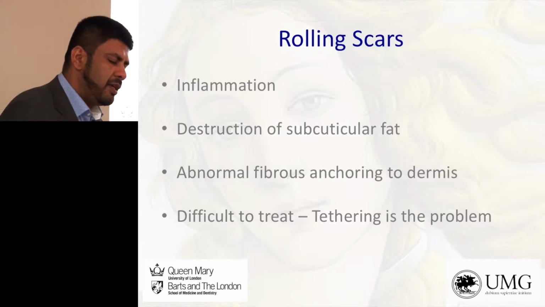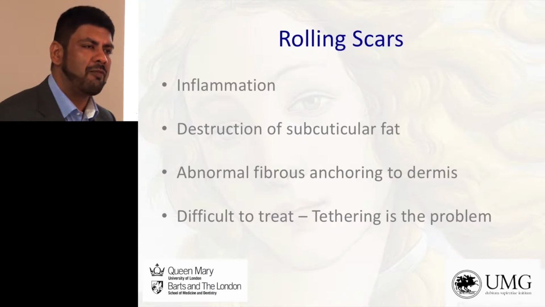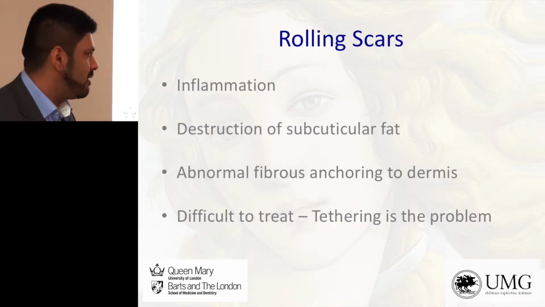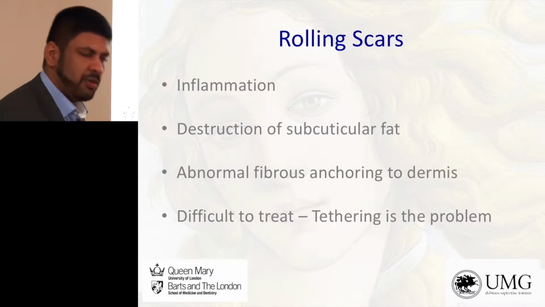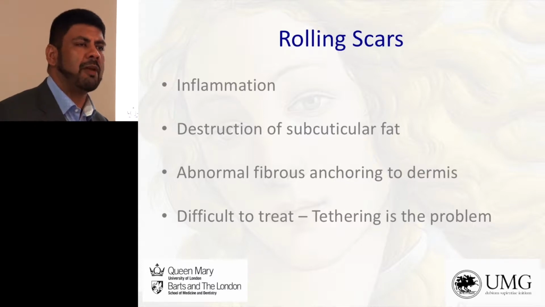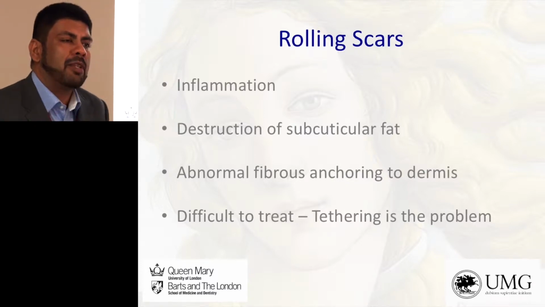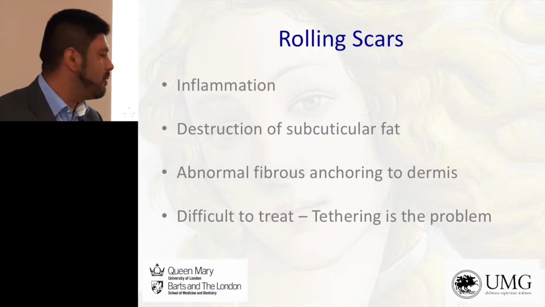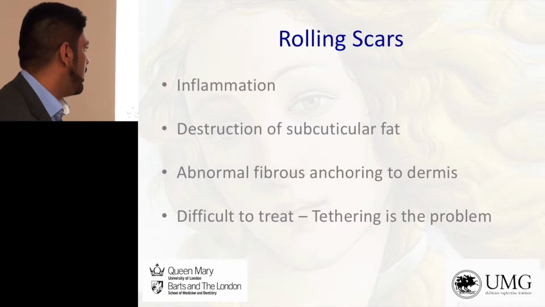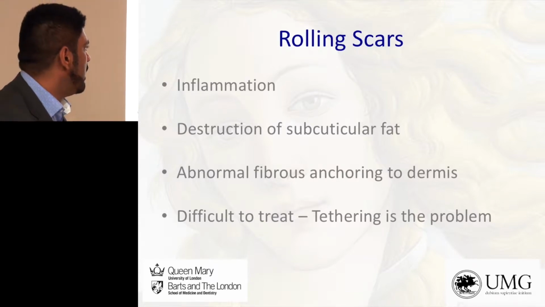But as Anna Maria mentioned earlier, subcision is a very powerful tool. So we have to not just say, well, let's just laser over everything or let's microneedle over everything. Those modalities aren't going to do anything for fibrous tethering. They're just going to help perhaps a little bit with the intradermal atrophy. So we have to subcise those scars to treat them. They are quite tough to treat.